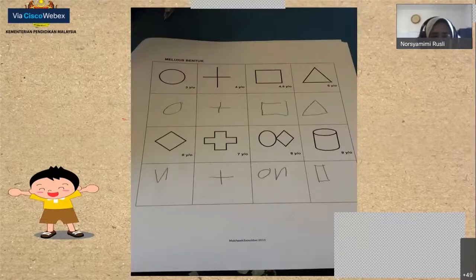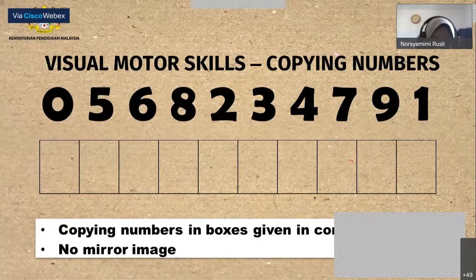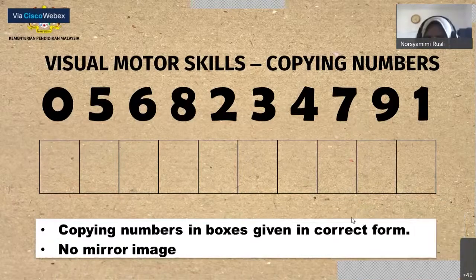Another activity that you can do with a child is copying numbers. You can provide the numbers, or read aloud the numbers and then ask them to write in the box. Make sure that they copy the numbers in the boxes in the correct form, with no mirror image.